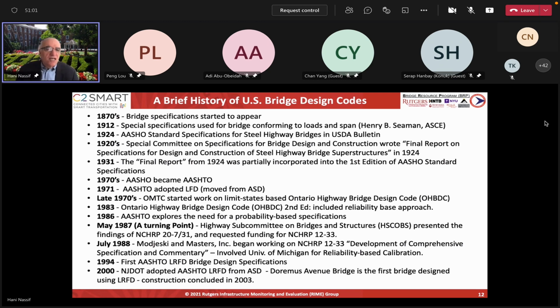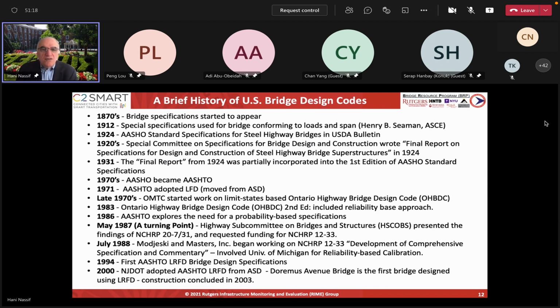So there was some reluctance in moving into it. However, New Jersey DOT in 2000, after we did a couple of workshops in 98 and 99, decided to move to LRFD directly from allowable stress design.